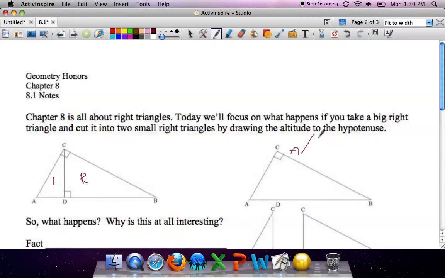The right angle mark is going to go up here, and basically I'm lining these up to the original. Angle A goes here. Angle D goes up here because that's the right angle on the left side, and the leftover vertex has to be C. So angle A matches up with angle A. Angle C, which is a right angle, matches up with angle D, which is a right angle in the left triangle.